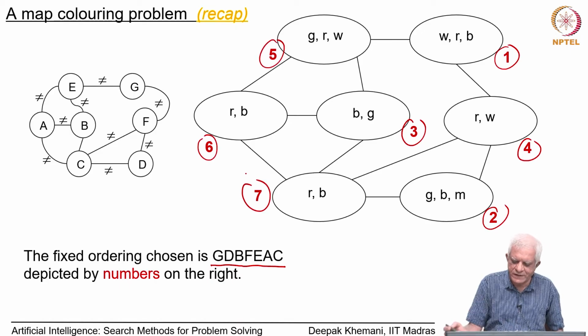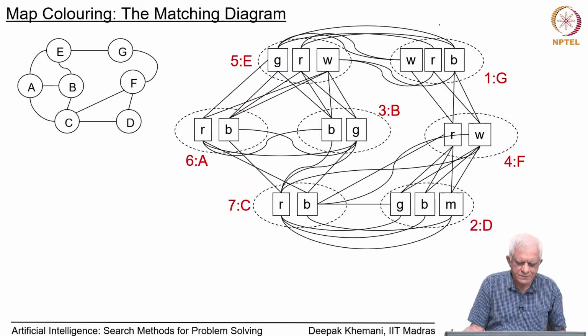So, we are going to consider those variables in this order, and we want to see how forward checking will work essentially. We will obviously start with the first variable, and we will choose the first value in the variable, which is W, and see what happens. It is easier to work with the matching diagram, because we can see what is connected and what is not.